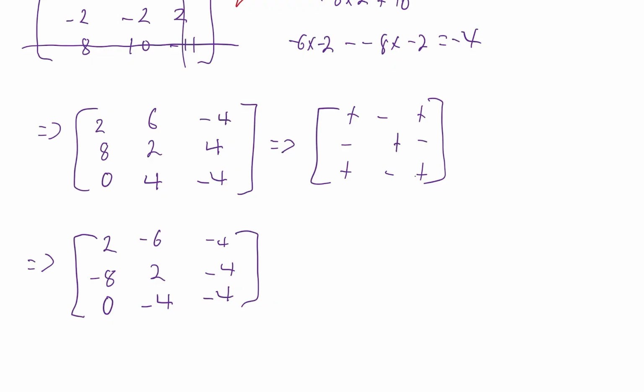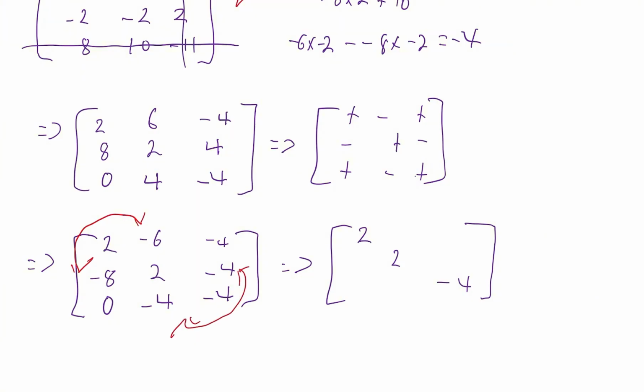Now we have to do one last thing, which is transpose the matrix. In order to do that, all it is is switching the rows and columns. The best way I like to think about it is we leave the diagonal, which is 2, 2, minus 4. And then we switch these entries, so we go minus 6, minus 8.